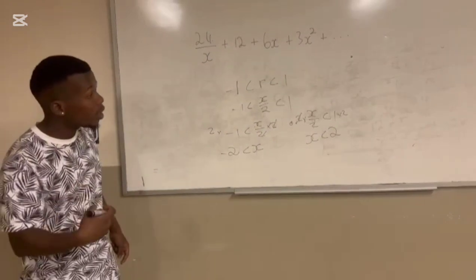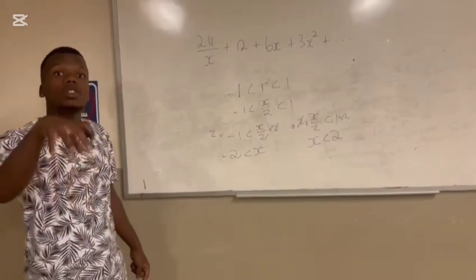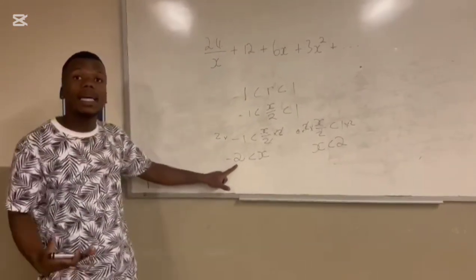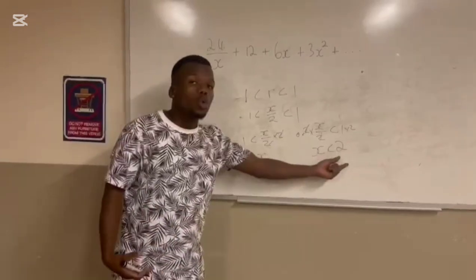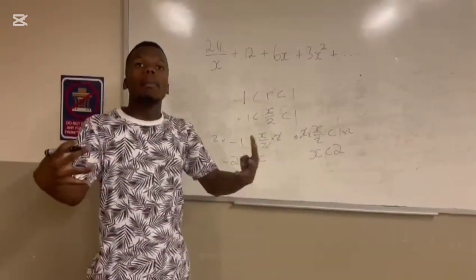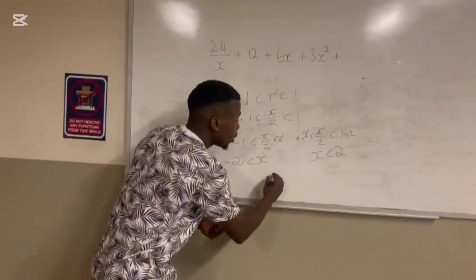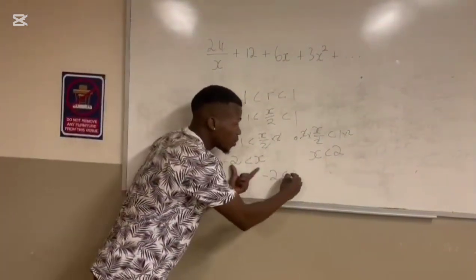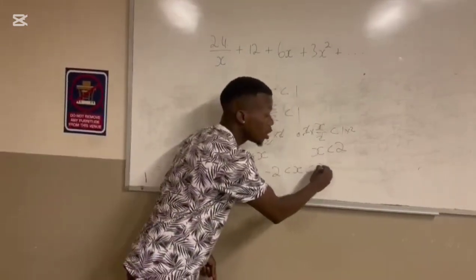It means the values of x for which this geometric series will converge is: x must be greater than minus 2 and x must be less than 2. Written as a combined inequality, this is minus 2 is less than x, and x is less than positive 2.